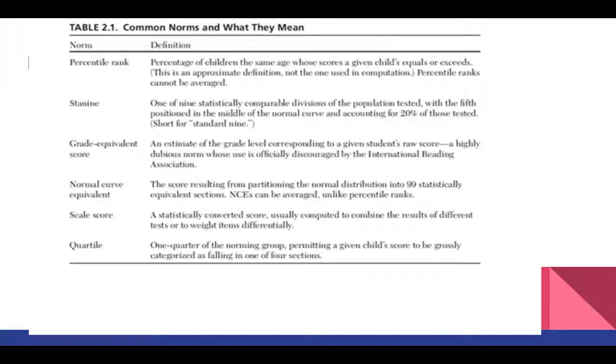Probably the least useful one for you to look at is the grade equivalent score. When my students were in elementary school, they would take some kind of test through their library, and they would bring home a sheet that would tell me that they were able to read at a 13.5 level or whatever it might be.